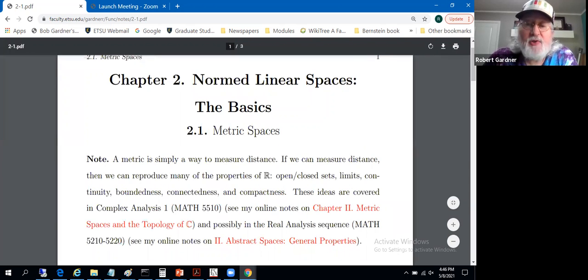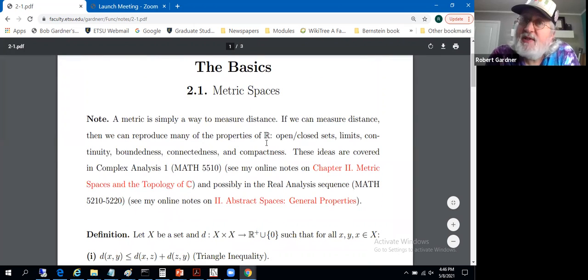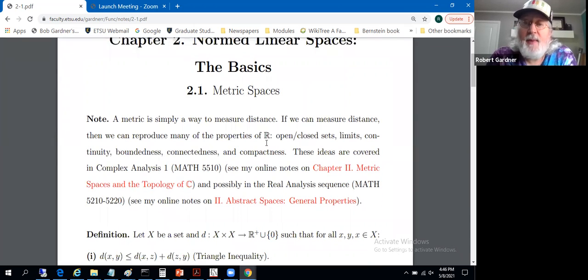If we can measure distance, then we can do a bunch of the stuff we do in real analysis. We can talk about open sets, closed sets, compact sets, limits, continuity, boundedness, connectedness, a lot of the stuff you do in regular old real analysis, and you do the same things in the complex setting as well.